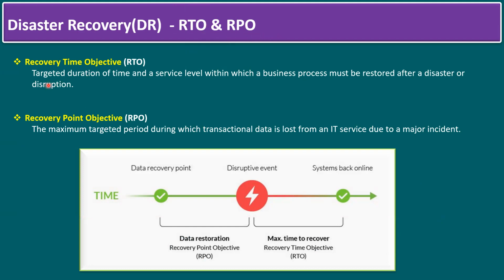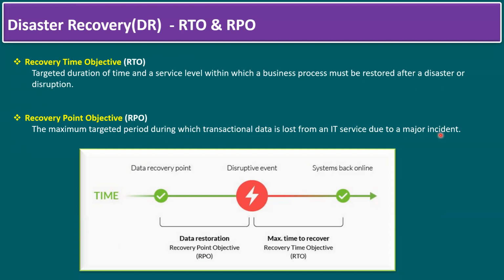Recovery time objective means the targeted duration of time and a service level within which a business process must be restored after a disaster or disruption. And recovery point objective is the maximum targeted period during which transactional data is lost from an IT service due to a major incident.